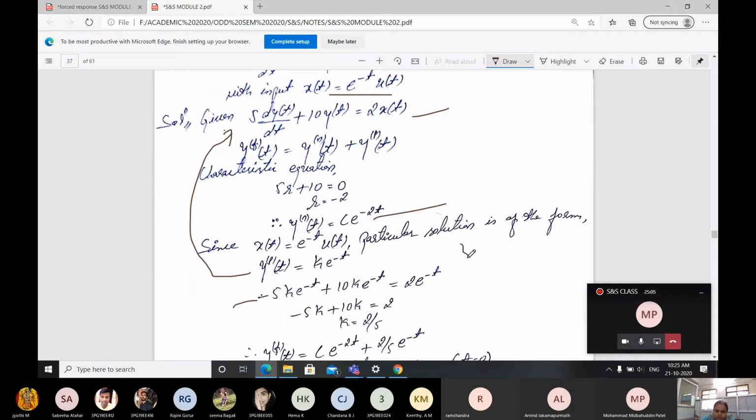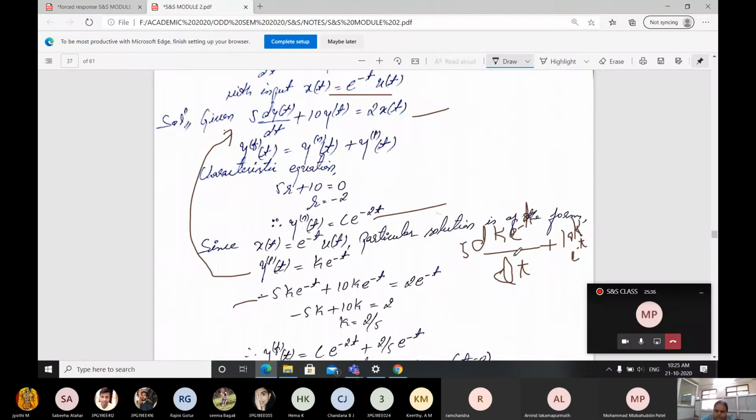That is 5 times d/dt of k e raised to minus t, plus 10 times k e raised to minus t. We have to substitute this.